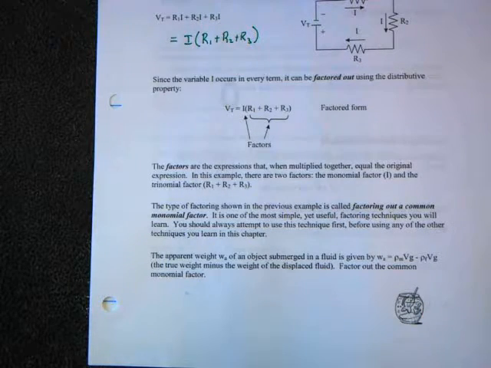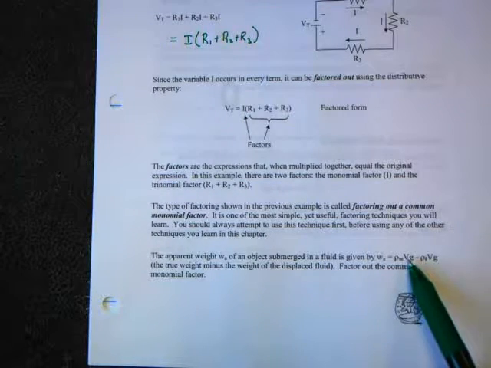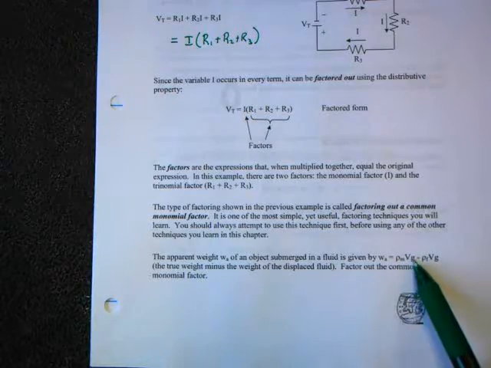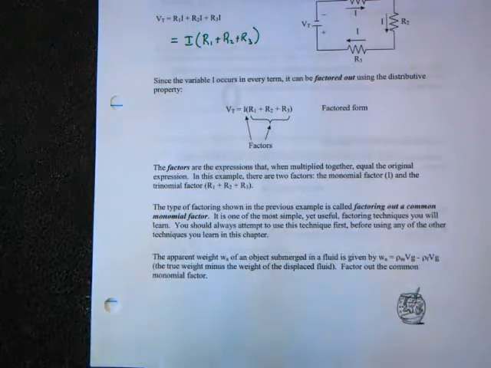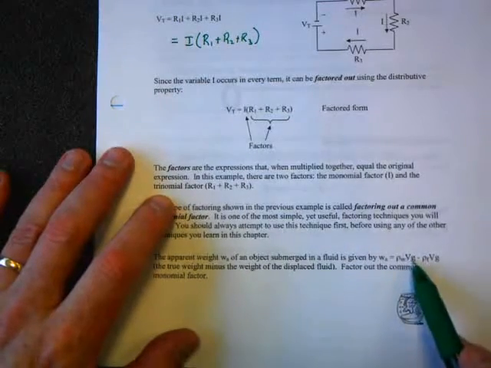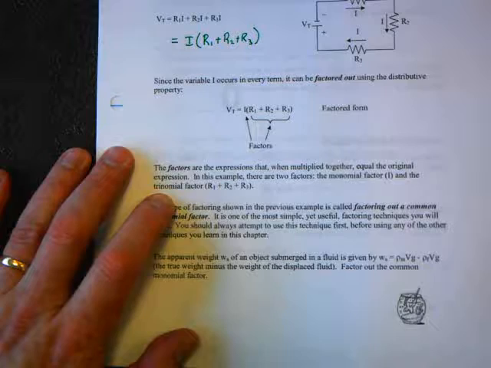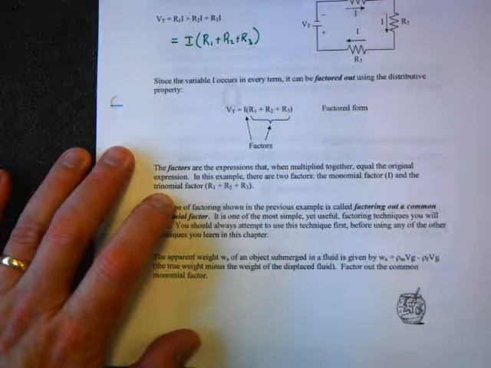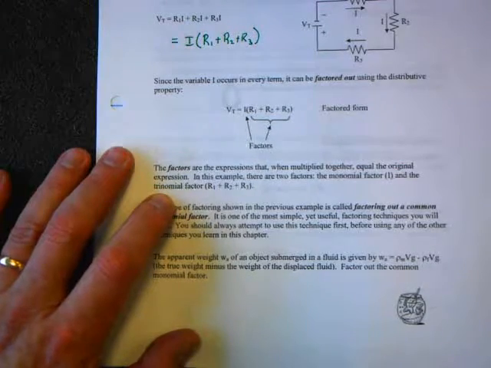Factor out the common monomial factor. It's V sub G. I think this is supposed to be one variable. I don't think that's supposed to be V times G. I think it's V with a subscript of G. But either way, it's the common thing, isn't it? You could either say the common thing is V and G, or it's V sub G, depending on what it's supposed to be. I'm pretty sure that's supposed to be a subscript.